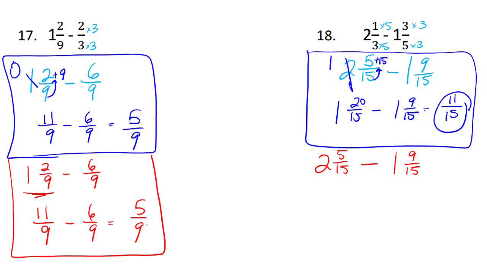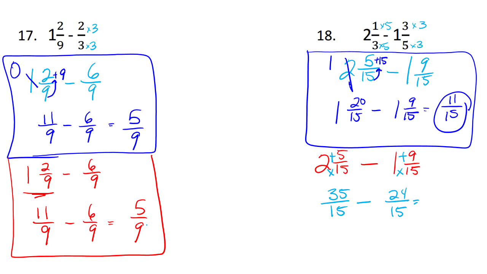So we know we can do 15 times 2 plus 5. That will give us 35 over 15 minus, and then 15 times 1 is 15, plus 9 is 24 over 15.